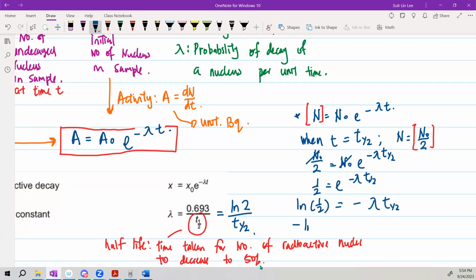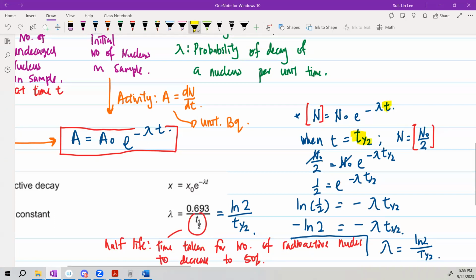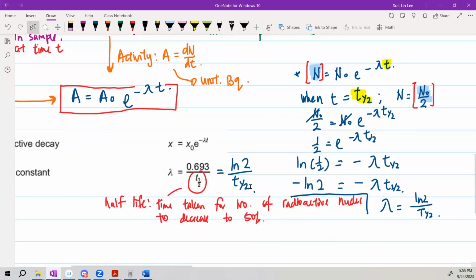Ln half is negative ln 2, so the negatives will obviously cancel. Finally, I will have lambda is equal to ln 2 over t half. So we're just substituting t as half-life and N as N naught over 2. So pretty straightforward equation.